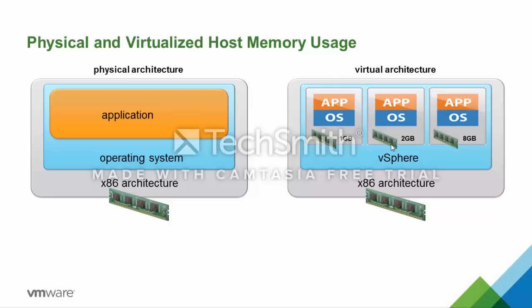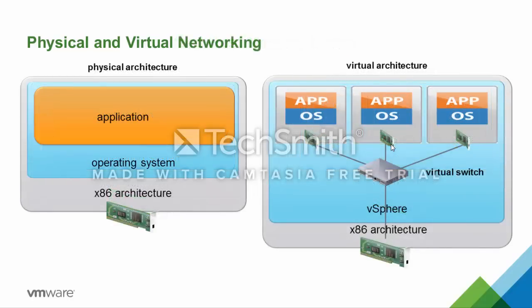But quite often these operating systems are not using what they're actually given. So with that in mind, we can consolidate memory, and we might only have, say, 10 gig in this server, and we've given away 11 gig worth of virtual memory. The ESX kernel manages that sharing of the underlying physical memory, and that's its job in resource management.